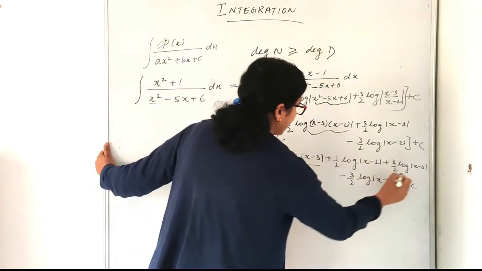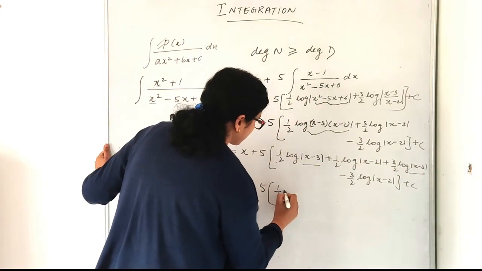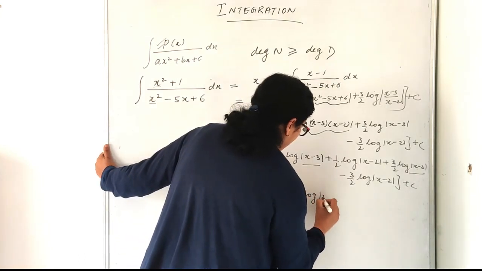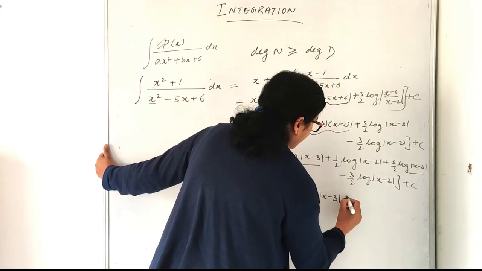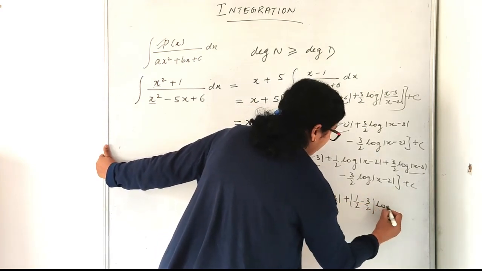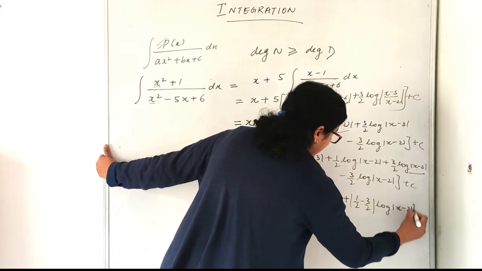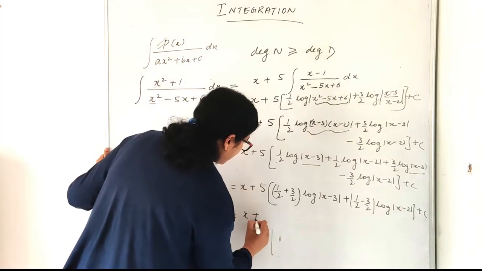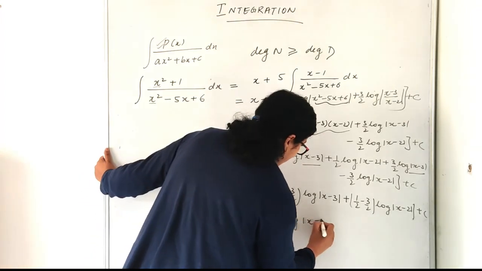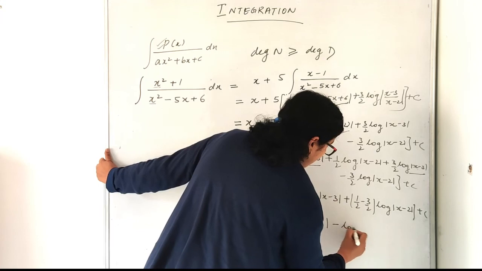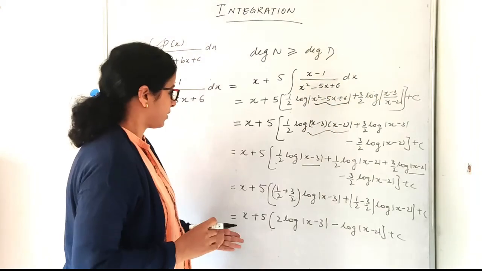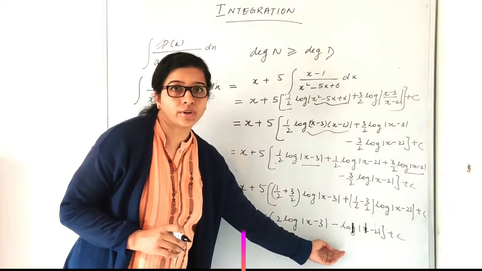So x minus 3 and x minus 3 we can take together. So 1 by 2 plus 3 by 2 log x minus 3, plus 1 by 2 minus 3 by 2 log x minus 2, plus c. So x plus 5 times 2 log x minus 3 minus log x minus 2, plus c. So this is the required answer for the question.